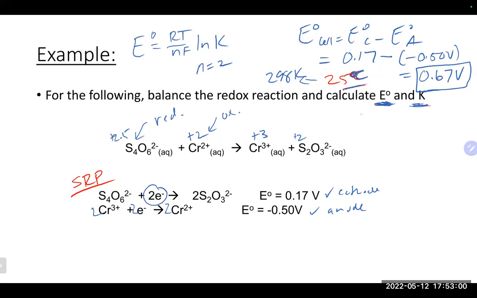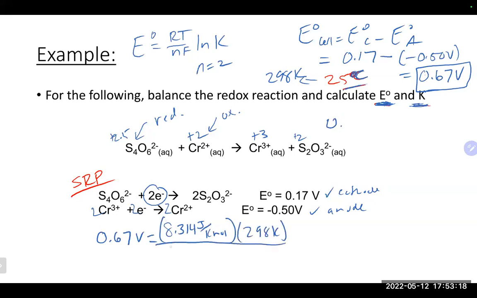So we'll do 0.67 is equal to 8.314 times our 298 divided by our 2 and our 96,500 and our natural log of K. At this point, I'm just going to clean up everything right about here.